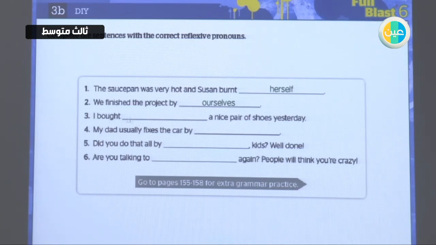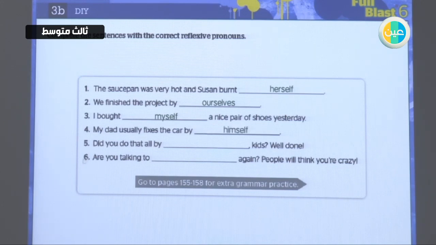I. So the correct one, myself. Number 4, my dad usually fixes the car by, so we have the subject, my dad. What do you think the pronoun will be? And we have the word by, which means with no help.